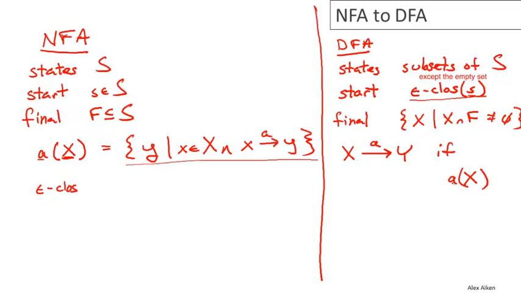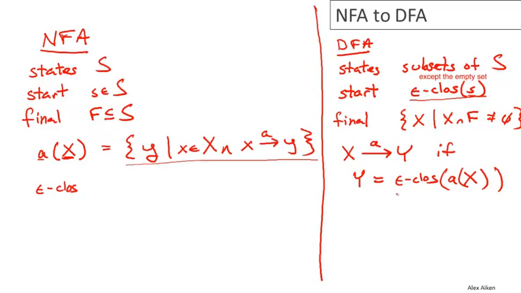That's A of X. And then once we've seen where we can go from the set of states X on input A, there's also the possibility of making epsilon moves after that. So furthermore, we have to take the epsilon closure of that set of states. Okay? And so we'll say that there is a transition from X to Y if Y is equal to this set of states.